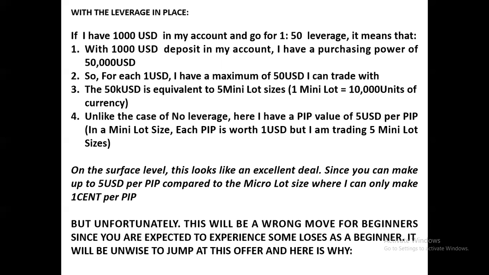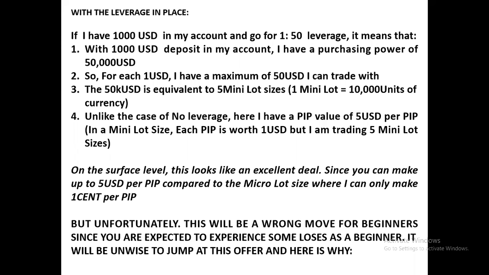Don't forget, we are working with 1,000 as the mini lot size, not 100,000 and not 10,000. Since I can deposit $1, I have the privilege of having up to $50 from my broker, which I can trade with. And so this is equivalent to 5 mini lot sizes.